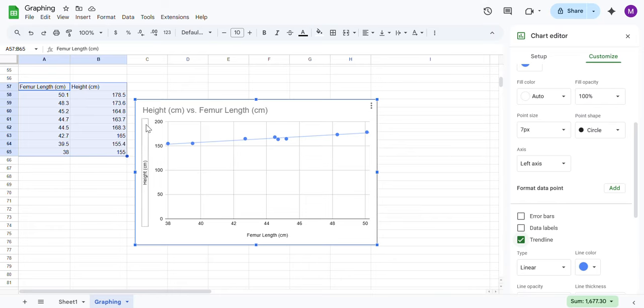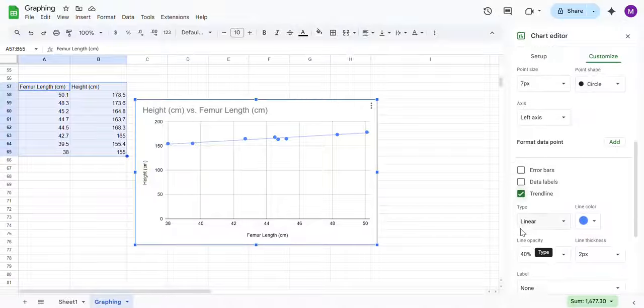Now, what if I wanted to know what the height would be for a femur length of 46? I don't have a data point here where it's exactly 46, but what I can do is use my line of best fit to figure out what the height would be, or what the height would be around, for a femur length of 46 centimeters. Okay, so that's what the line of best fit is used for.